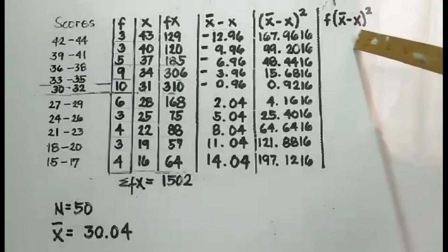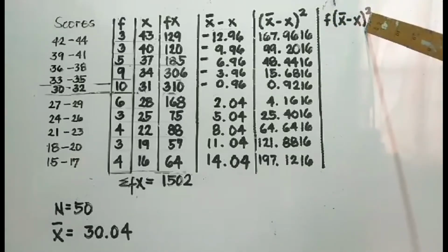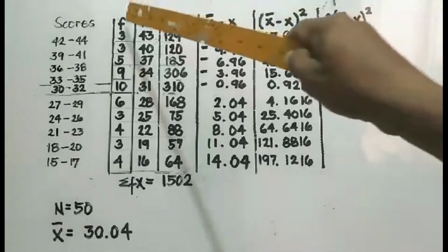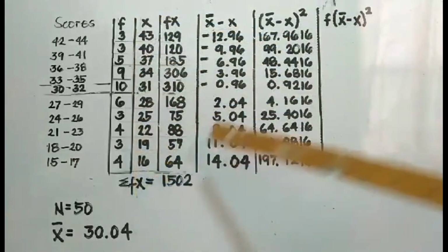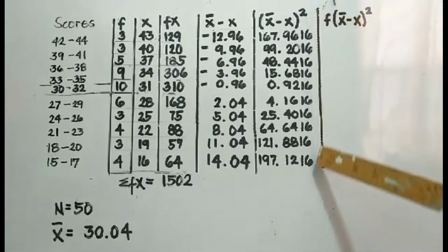Let's have another column for the product of the frequency and the square of the deviation. Ano ibig sabihin nito? Itong mga nasa frequency na ito, imumultiply lang natin dito sa square of the deviation.